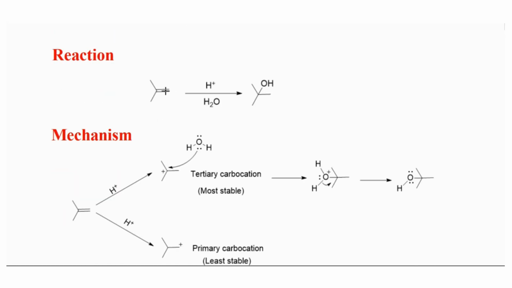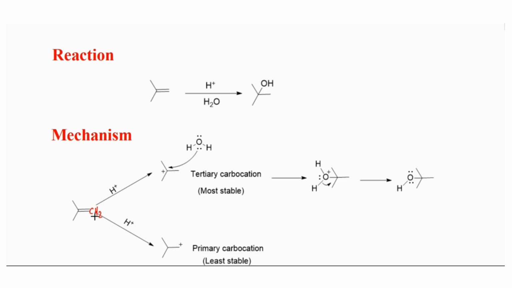The first step is the protonation. The protonation can occur on either of the alkene carbons. For example, suppose in this alkene, the first carbon gets protonated here, so this carbon will get positive charge. You see, that's why I put it here, and this is a tertiary carbocation.